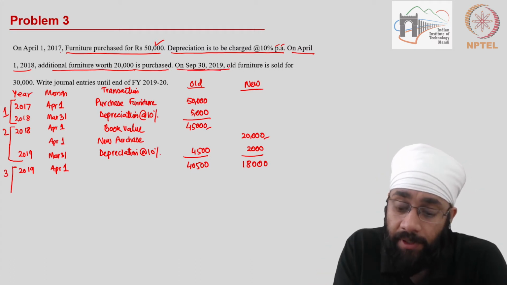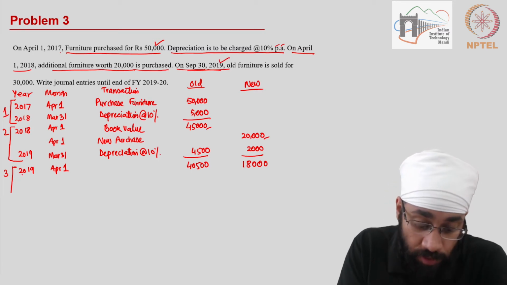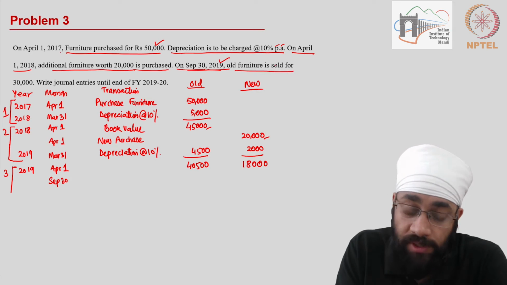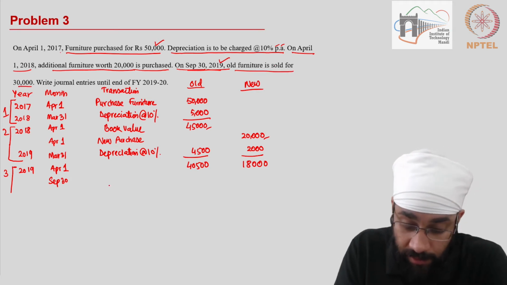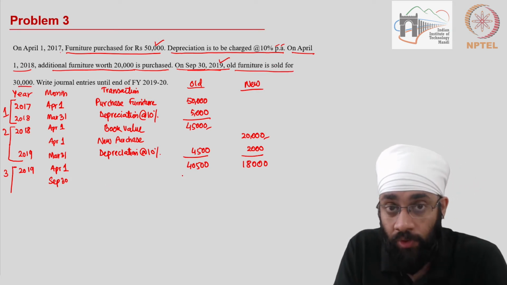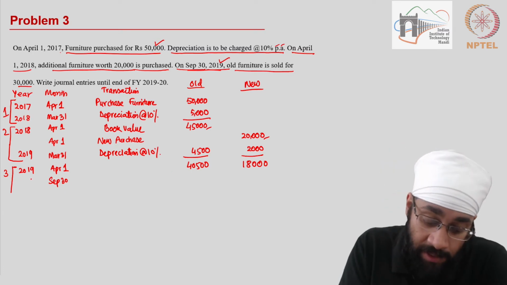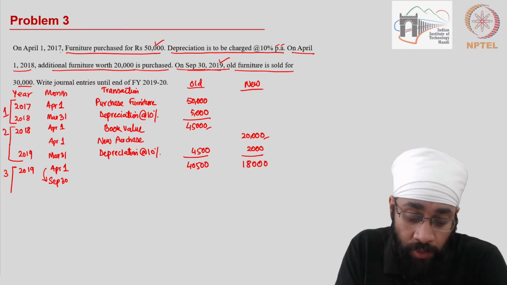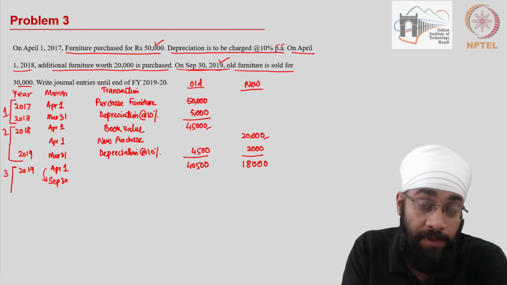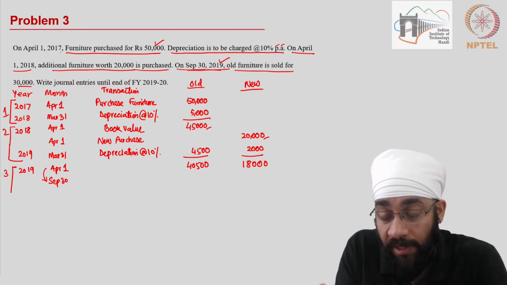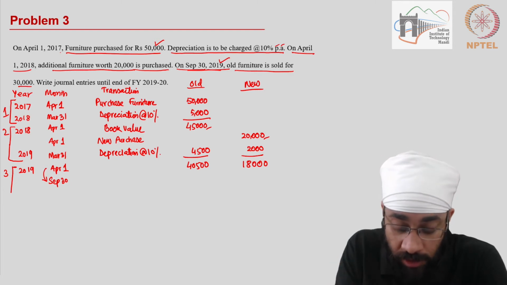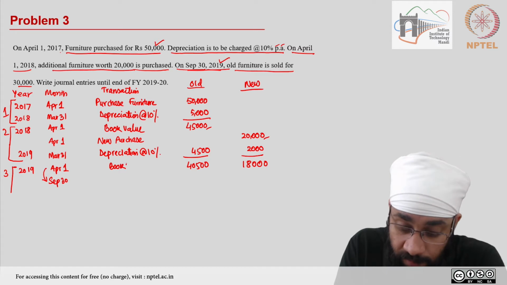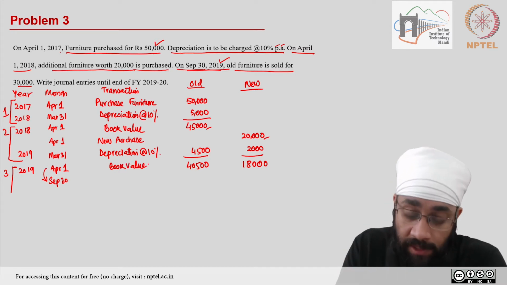On September 30th, 2019, old furniture is sold for 30,000. So the old furniture is going to be sold at this time. And notice that there is a 6-month period which has lapsed. So April, May, June, July, August and September, 6 months, half of the year this furniture has been used. So what we need to do is, first of all, let me write this as book value at the beginning of the year.